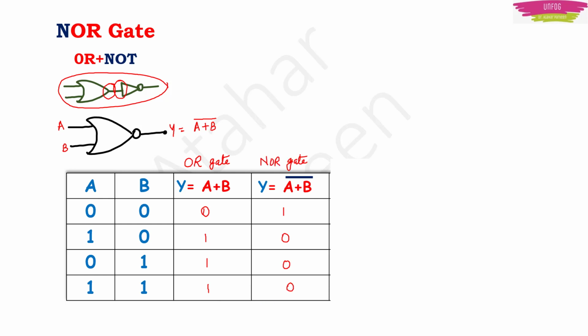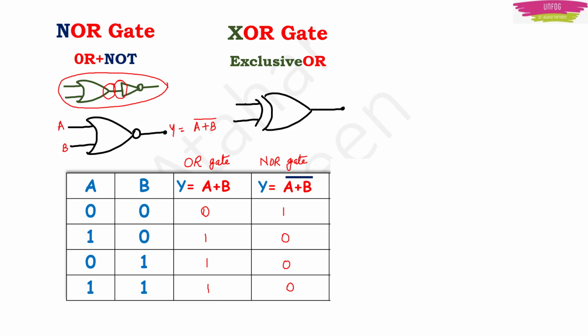There is another gate known as XOR gate, which is also related to OR gate. This is also known as exclusive OR gate. Now the speciality of this gate is that it is the complement for 1, 1 with OR gate. And the symbol for this gate is this. Here you have this A as input and B is also an input.